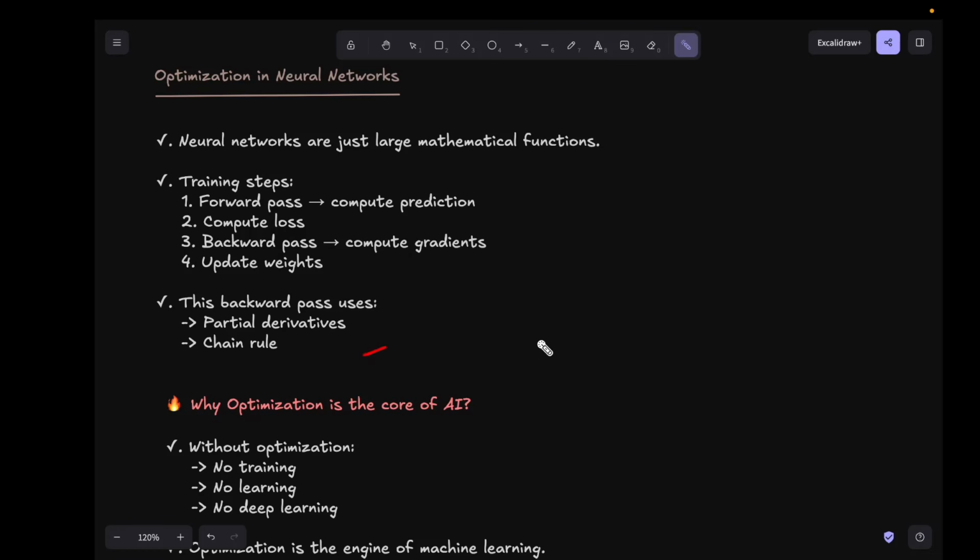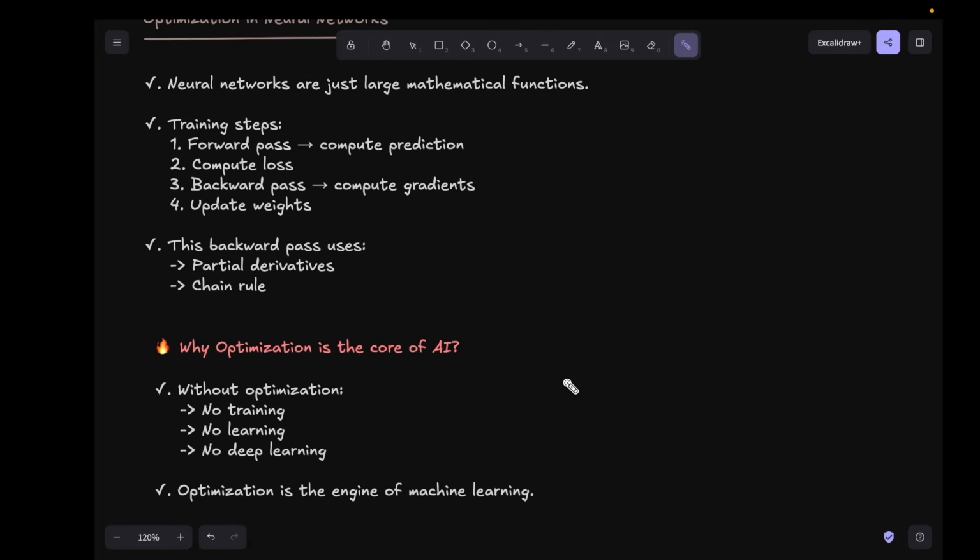So calculus is used in optimization. Why is optimization the core of AI? Without optimization, there is no training, no learning, no deep learning. Why no training? If we don't use optimization, there is no slope.